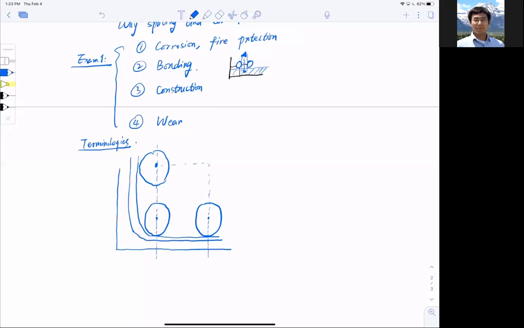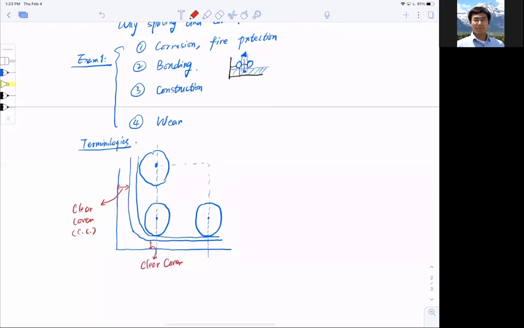So at this setting, there are some names. First of all, on the side of it, we call this clear cover, or CC. Clear cover means there's nothing, just pure concrete. And at the bottom of it, also here, we call it clear cover.